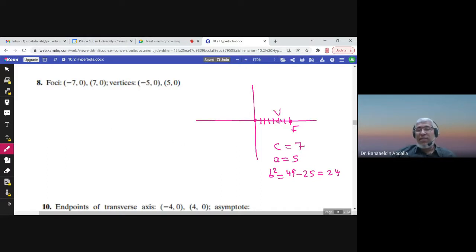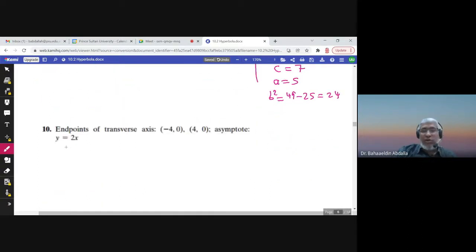And these are the vertices. So this hyperbola opens right and left, this is a horizontal hyperbola. So the equation is horizontal, so we start with x. So this is x squared over a squared minus y squared over b squared equals 1. Below x squared, 5 squared, that's a squared, and here b squared, and this is the equation of the hyperbola.